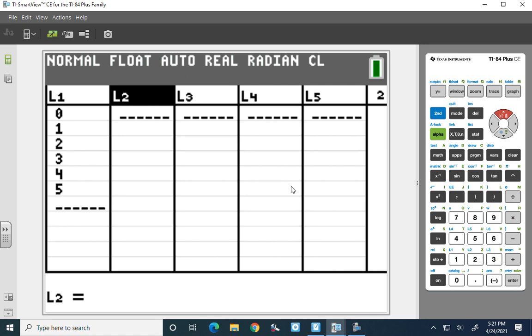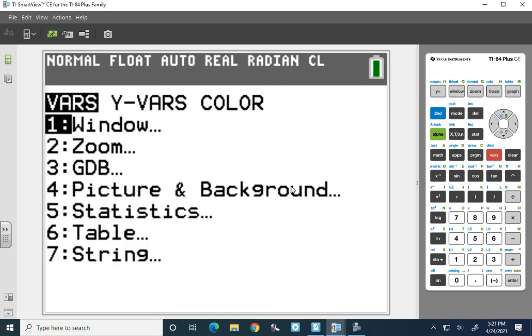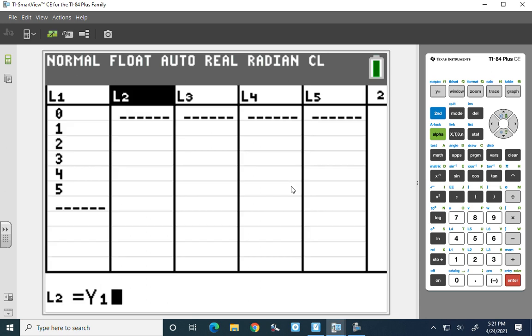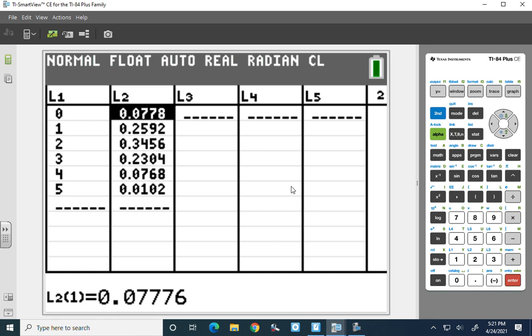I can do that by going to my variables menu, going over to y variables, going to function, and grabbing y1, and then in parentheses, typing in list 1, second, and then 1 will get me list 1. That's going to plug in all the values that I have in list 1 into my function in y1, and then give me the same table of data that I saw on my table a second ago. But now, since it's in a list, I can do a stat plot with this.